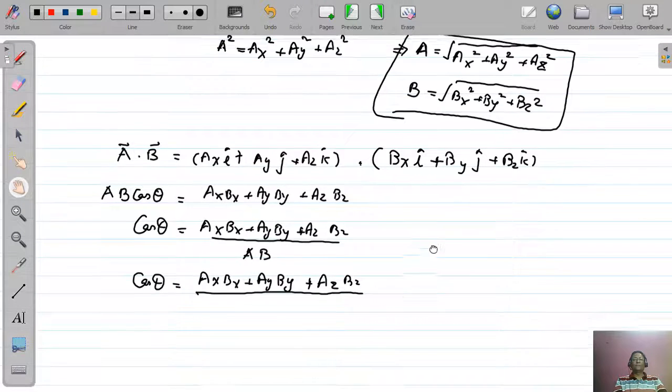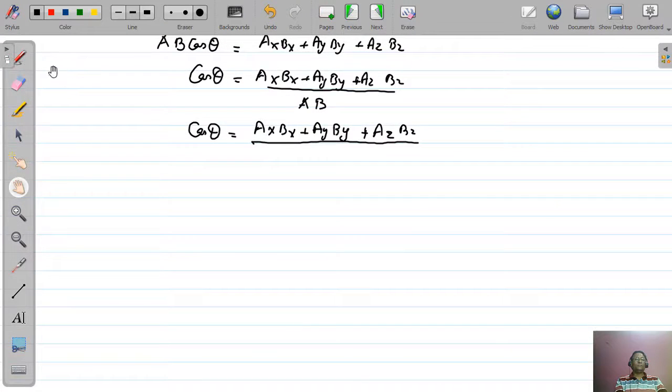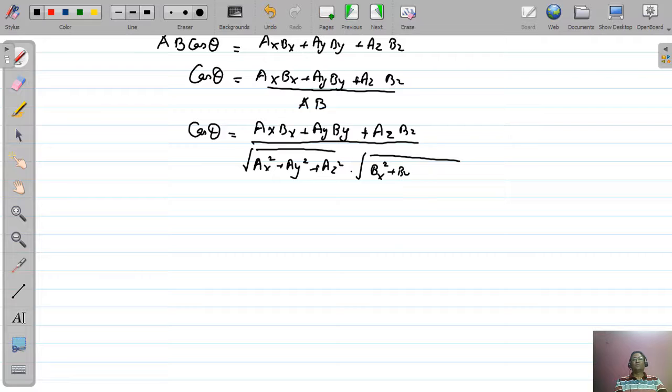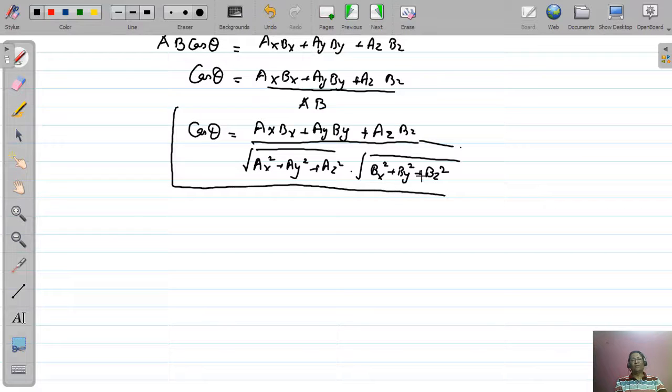We put these values here, so we get the square root of ax square plus ay square plus az square, into the square root of bx square plus by square plus bz square. This is the cos of the angle between the two vectors. Using this formula, we can find the angle between the two vectors A and B. And this is a very important formula. We have to remember it.